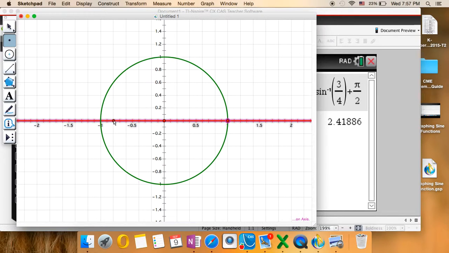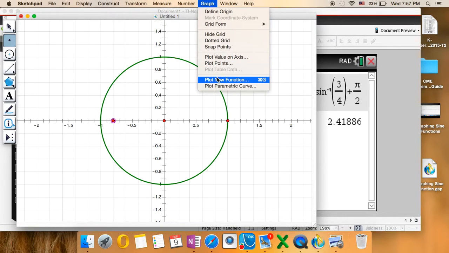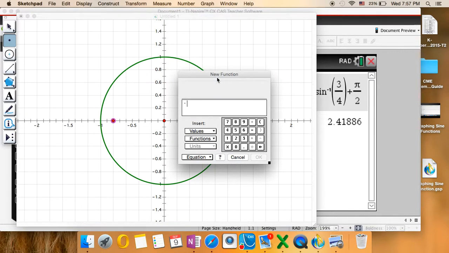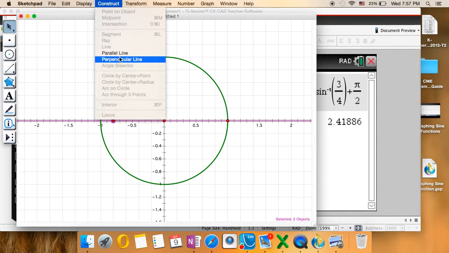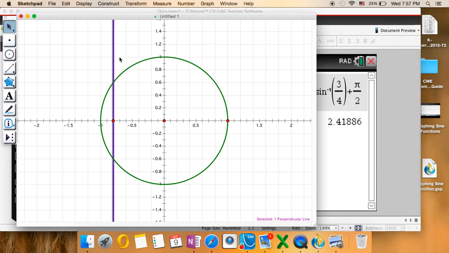Because negative 3/4 is about negative 0.75. And if you graph that, we can draw a vertical line going through all the negative 3/4 points.